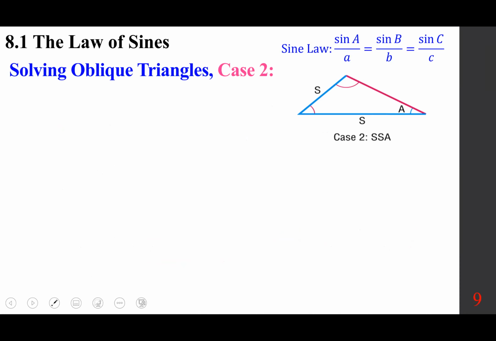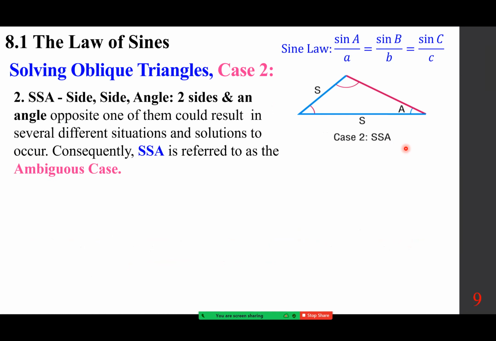In case 2, SSA stands for side side angle. You have two sides and an angle opposite one of them. And that's really the key. It could result in several different situations and solutions. Consequently, SSA is referred to as an ambiguous case.